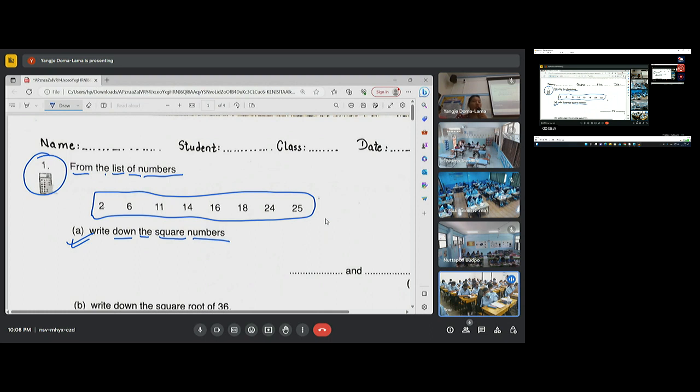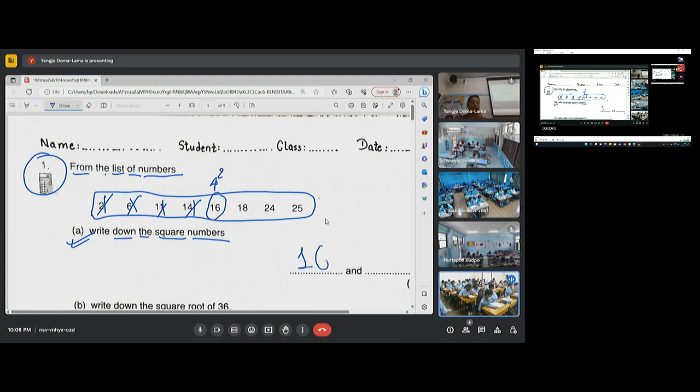Okay? Is 2 a square number? Yes or no? No. 6 a square number? 11? 14? 16? 16 is a square number because you get 16 by 4 square.